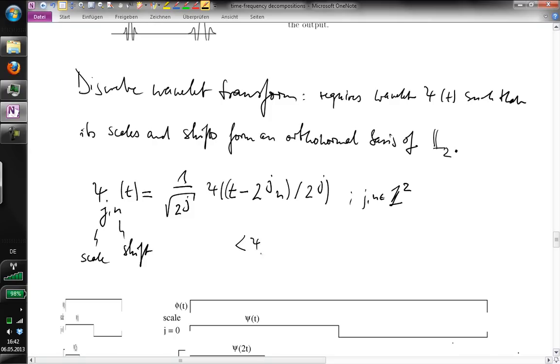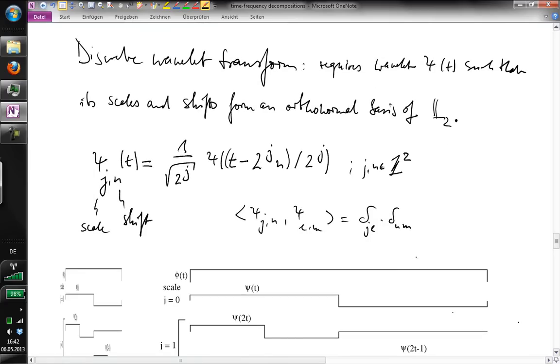So the inner product of psi jn with psi lm, and this is the requirement that you have to fulfill.